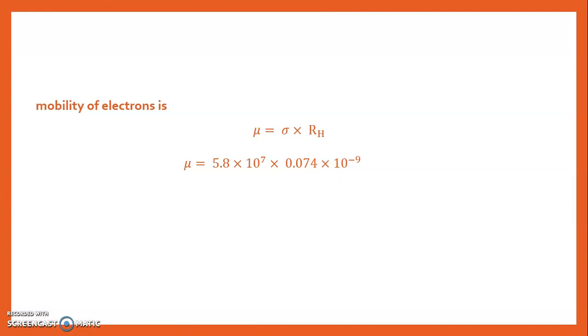When we calculate this using a calculator, we get the mobility as mu is equal to 0.4292 into 10 raised to minus 2 meter square per volt second.